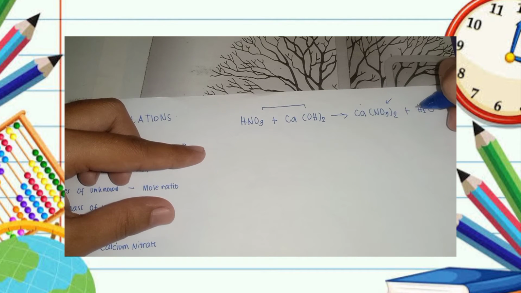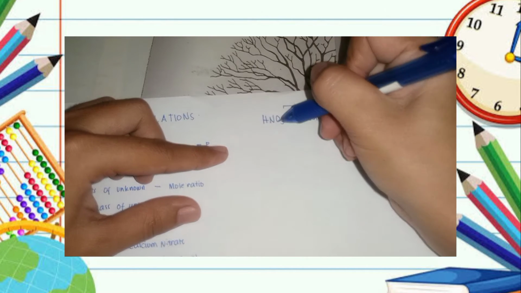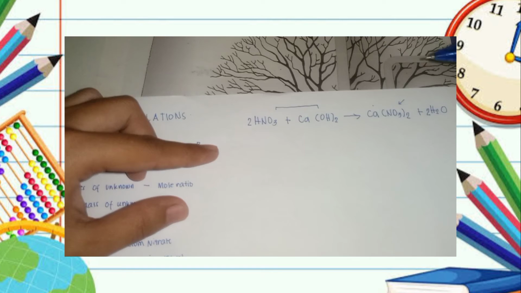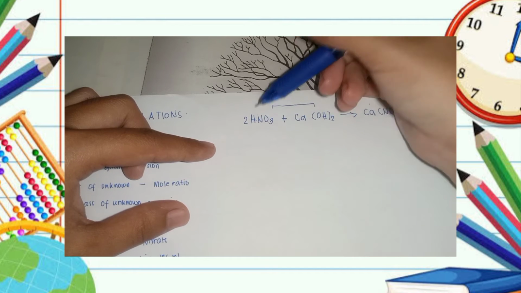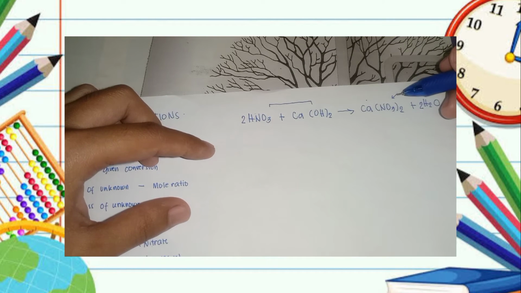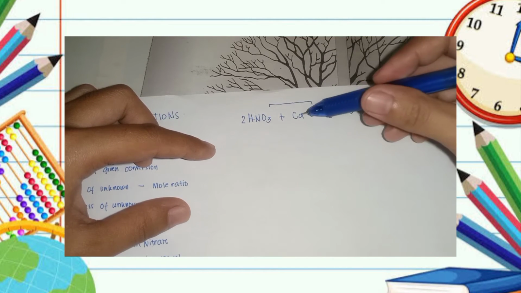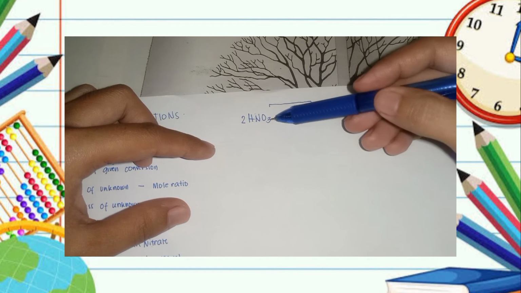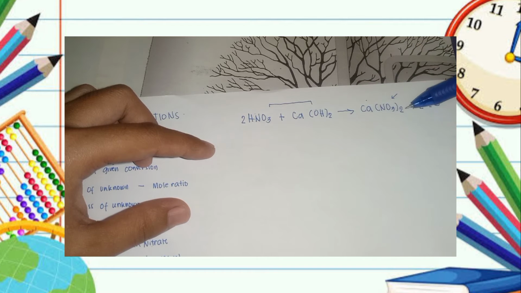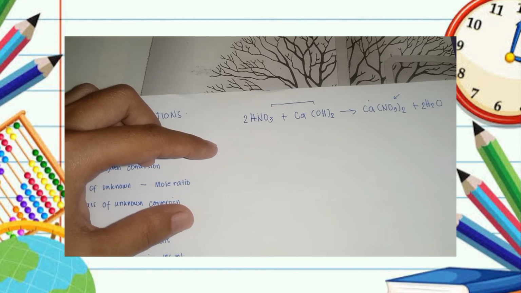So we need to put a 2 here and a 2 here in order to balance the number of hydrogen, which is 4. Next, calcium is 1, oxygen 6, 7, 8, 6, 7, 8.